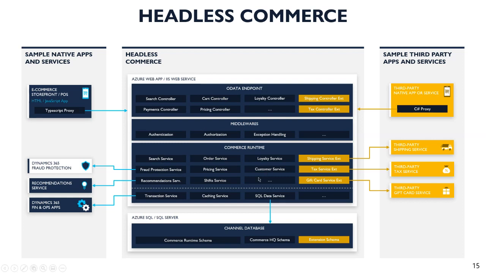All this business logic sits behind an OData endpoint, which we call the API. To expose any of this business logic, you need to create an API. All our existing business logic is exposed through this API. If you create your own business logic and want to expose it, you need to create an OData endpoint too. It's very simple to create and expose an OData endpoint for your new business logic. I'll quickly show that in the demo.